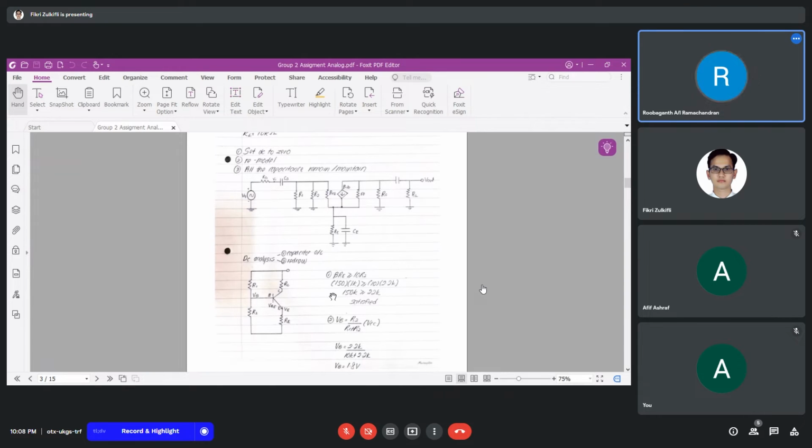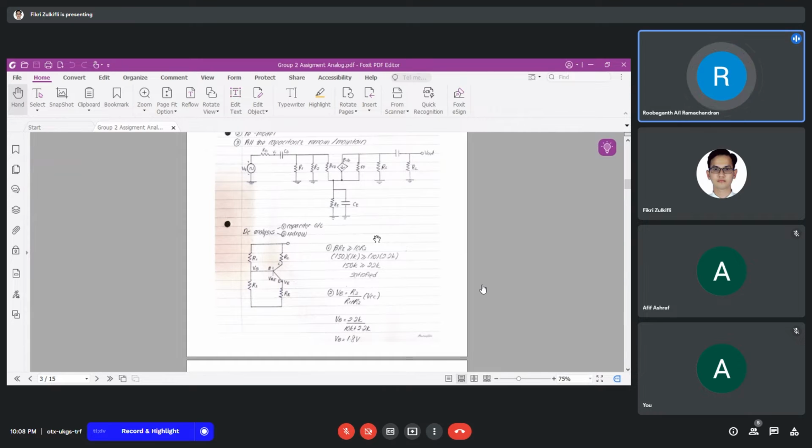As drawn, the middle part is our re model, where beta re is at the left, beta IB is in the middle, which has a diamond and a bottom arrow, and ro is at the right-hand side. So this is our redrawn re model based on the circuit given.